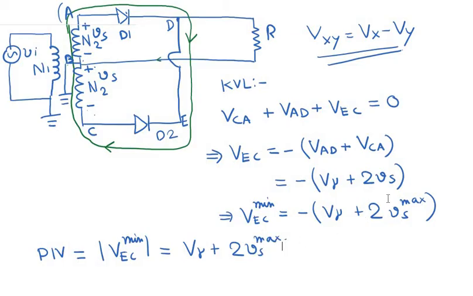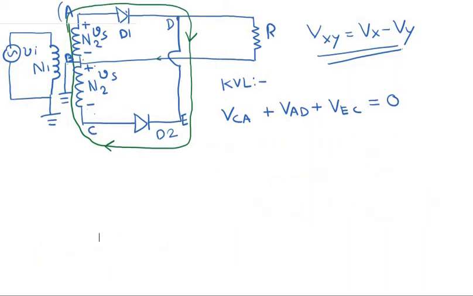Okay, so earlier in case of the half wave rectifier, we saw that now VEC is basically the magnitude of the reverse bias voltage that appears across the diode D2, and as I said let us consider the positive part of the cycle of Vs. And just as I said that during the positive part of the cycle for Vs, this diode D1 is actually forward biased and this diode D2 is actually reverse biased.